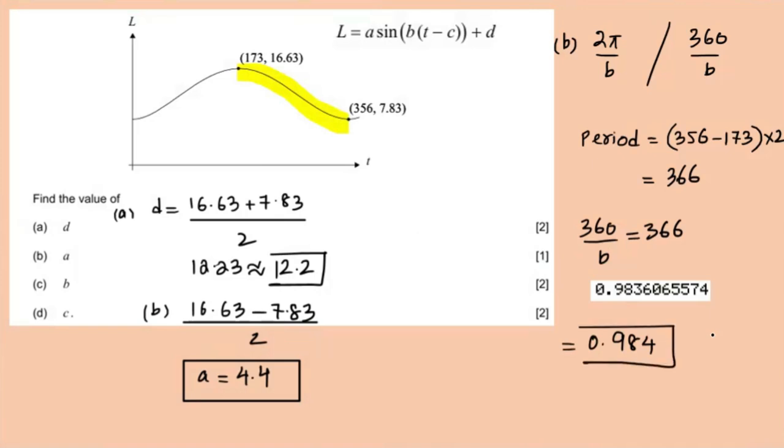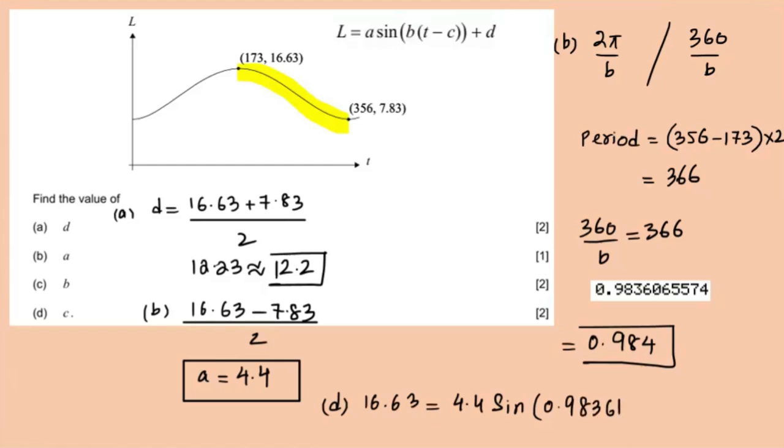And part D. Now I need the C value. There are some tricks you can use here, but the best, I think, which is error-free, is just use your sinusoidal function. You have your A value, B value, D value. You can substitute one of the given coordinates. Like, let's say if I substitute 16.63, that will be equal to 4.4 sine of B, which is going to be 0.98361.